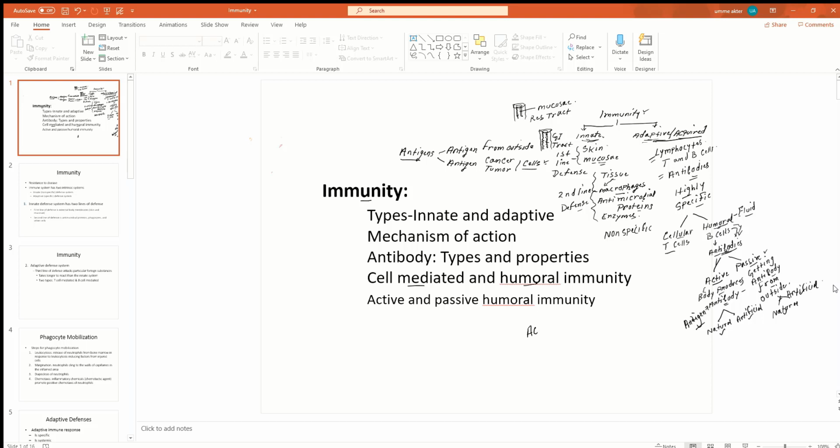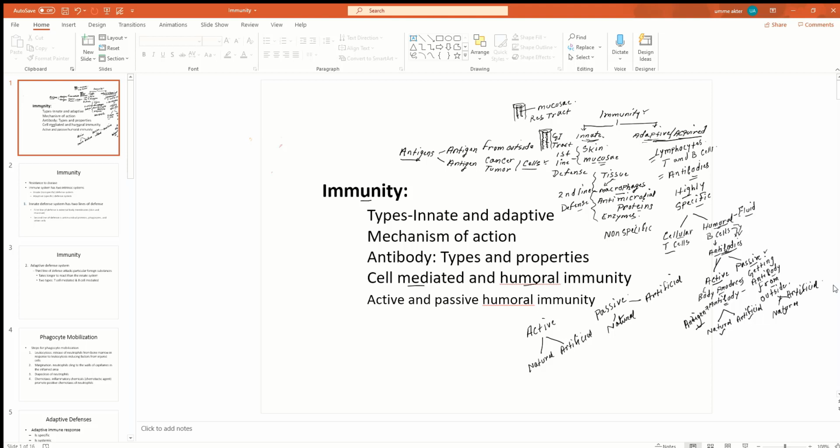Active and passive. Okay, active natural, artificial. Same, passive natural and passive artificial. Okay, now let me give you an example of each so you will understand.